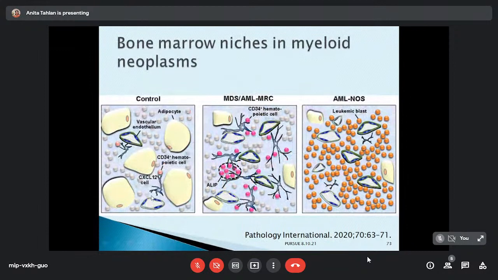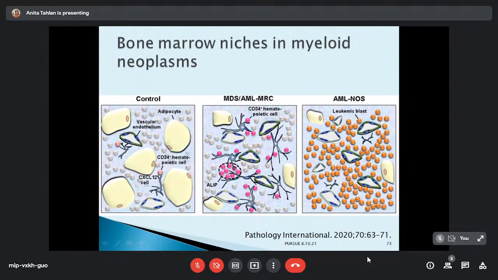So in a controlled state, the CXCL12 cell has a hematopoietic cell which is nicely sitting in its niche. But when it progresses to myelodysplasia kind of thing, these cells increase. So do the leukemic cells, they increase.